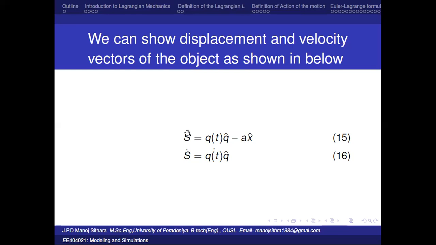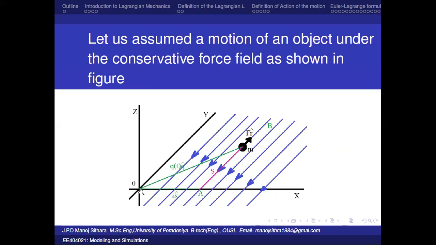So this is the position vector, and this is the velocity corresponding to the position vector, where the a part is nothing but a constant, the initial position of the object. That means this mass is moved through this arrowhead from a to b, right?